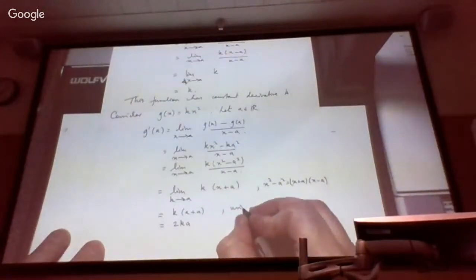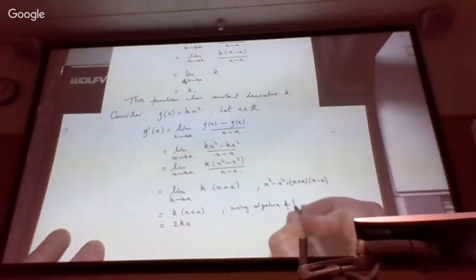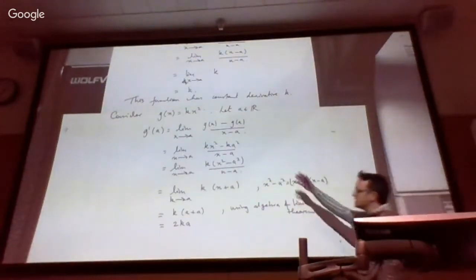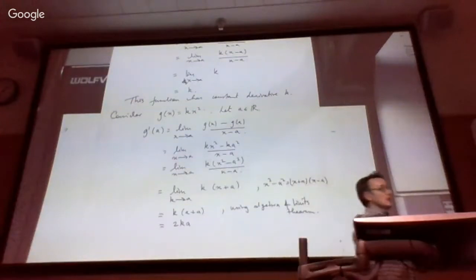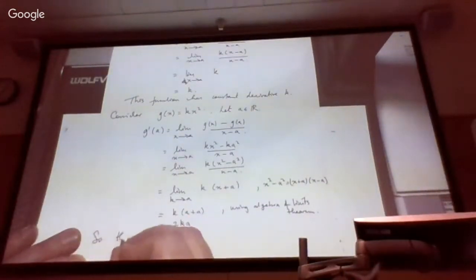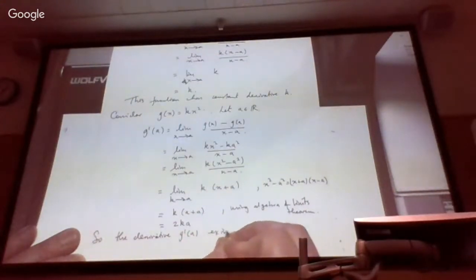So that's using the algebra of limits theorem. And this argument will apply for every point a in its domain. So the derivative exists everywhere. g prime of a exists at all points a.